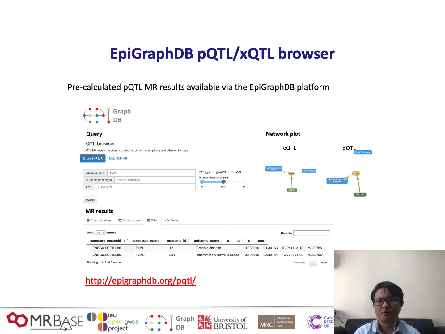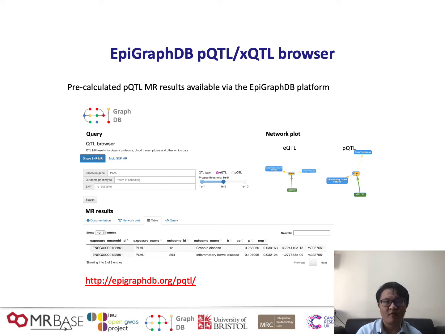To improve reproducibility, we made our protein-disease association results available via the EpiGraphDB platform. The EpiGraphDB platform is an analytical platform and database that aims to support data mining in epidemiology.